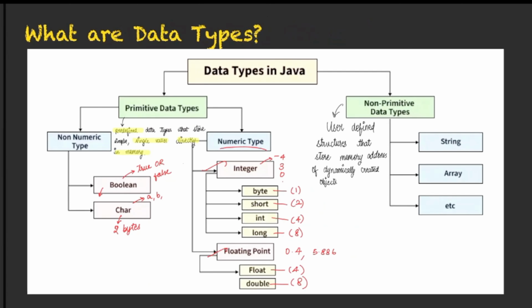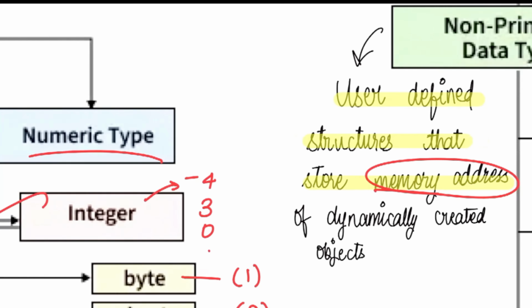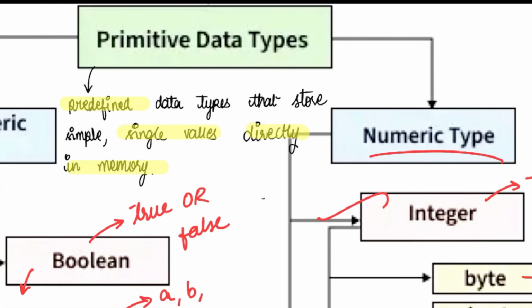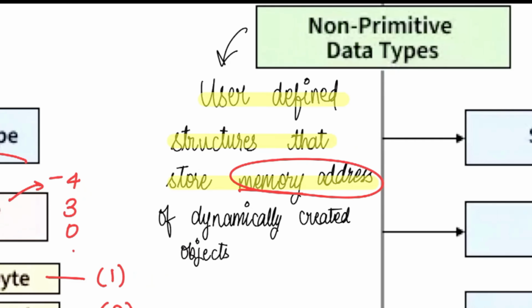Perfect. Now let's move on to the other type, the non-primitive data type. Non-primitive data types are user-defined structures that store the memory address of dynamically created objects. Memory address, that's interesting. Primitive types store the value directly in memory, but a non-primitive data type simply stores the memory address.